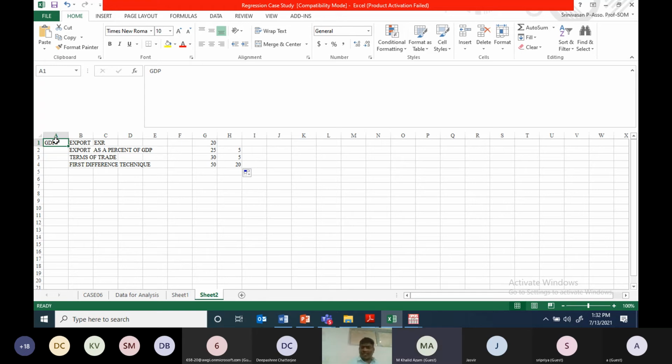Or export will be substituted with export as a percentage of GDP, or go for first difference. Or, if possible, use terms of trade or whatever. Look for the alternative which is exactly close to the variable you're using. So we can dilute the multicollinearity issue.